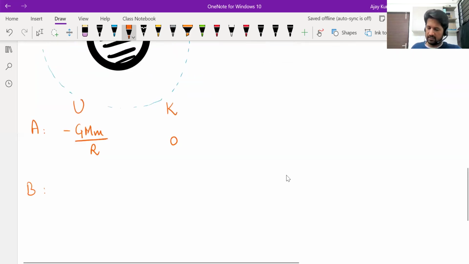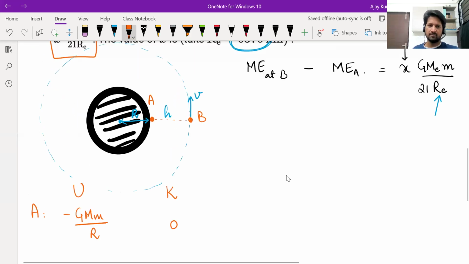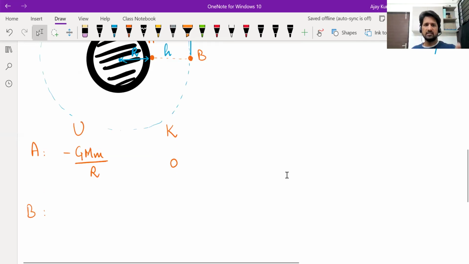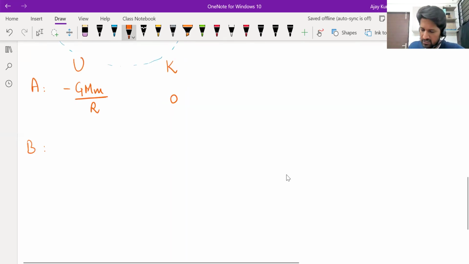Finally, when it reaches that height, we know the expression for total energy of a satellite. We can use that directly. You don't have to write potential and kinetic separately when it reaches B. It is taken to B and released with the orbital velocity, so it has sufficient energy to stay in that orbit. And the energy required to stay in the orbit is minus GMm by 2 times the radius of the orbit.